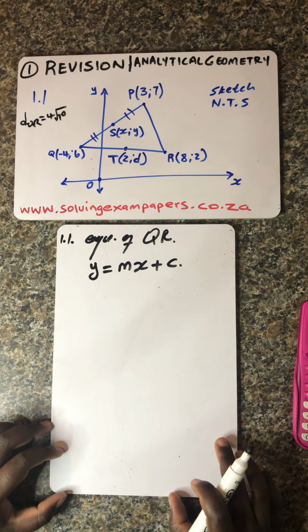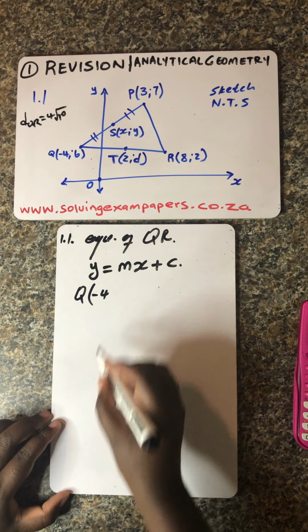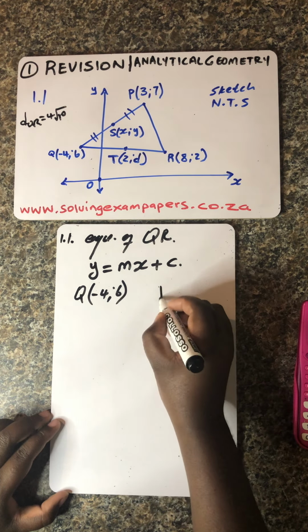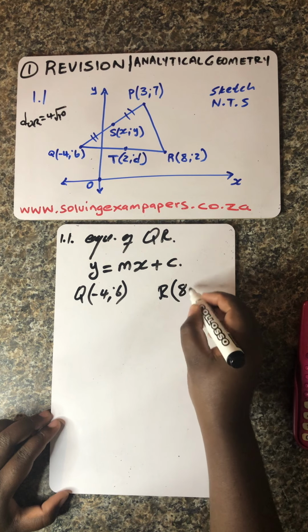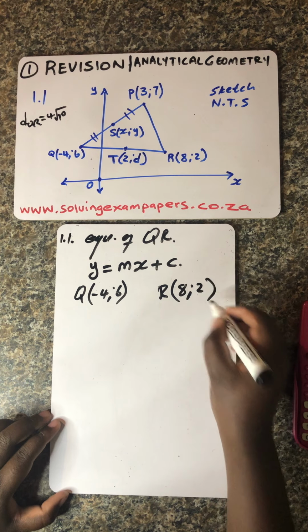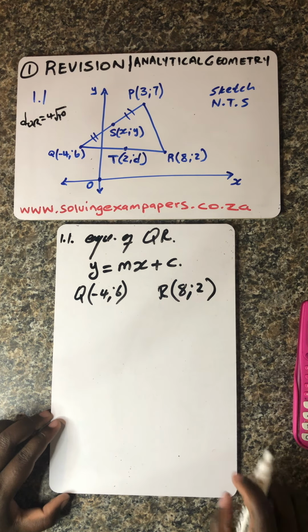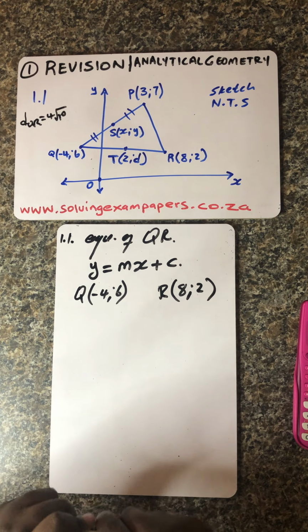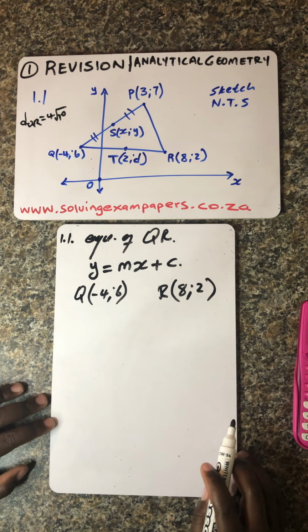So now let's write down the coordinates of QR. We've got Q as negative 4 and 6. We've got R as 8 and 2. Ladies and gentlemen, it's very much important that you firstly write the formula, because it's going to guide you in terms of your next step. Can you see, guys?